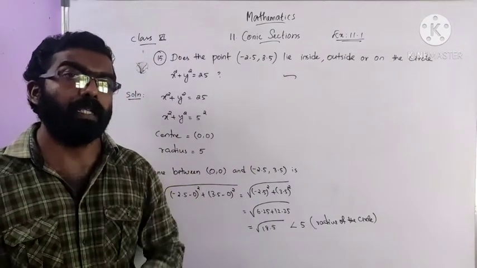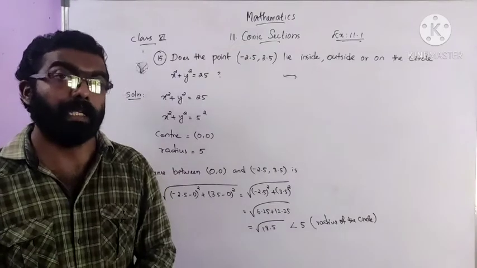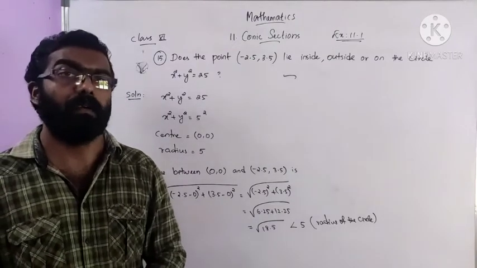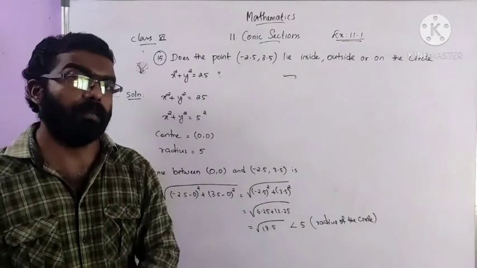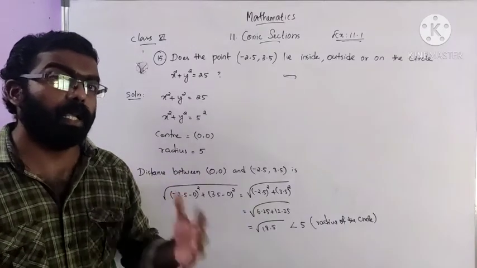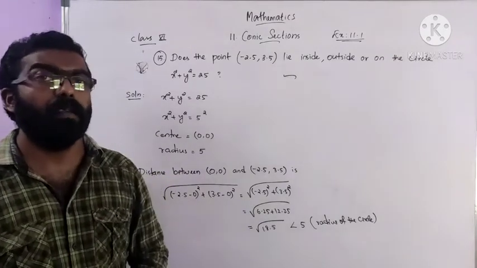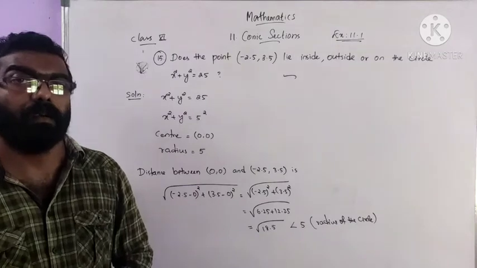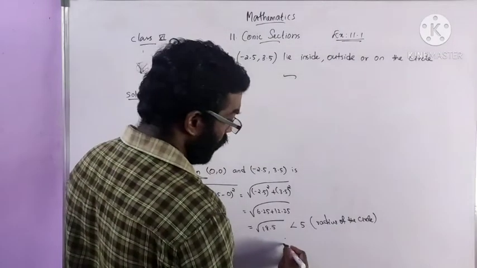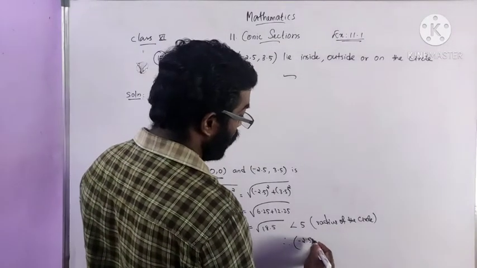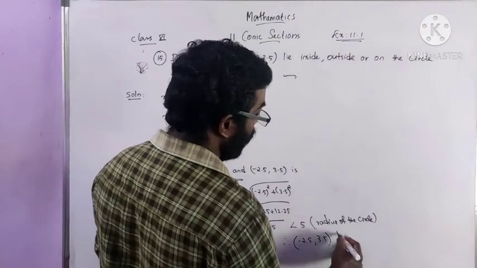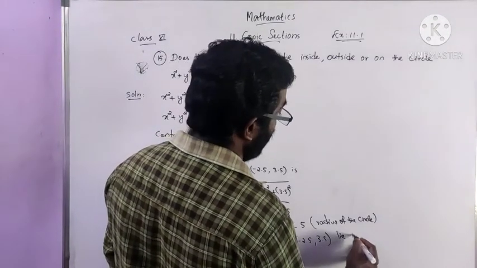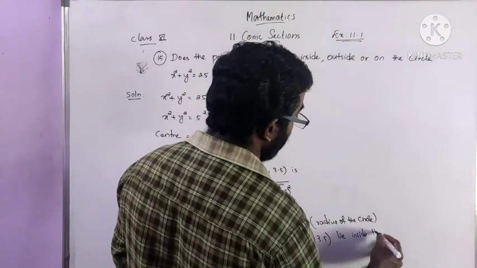That means the point must lie inside the circle. Okay, the distance is a number which is less than the radius, so clearly the point must lie inside the circle. Okay, therefore we can write minus 2.5 comma 3.5 lie inside the circle.